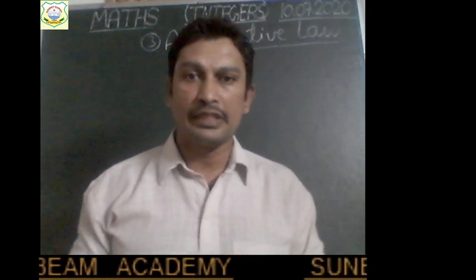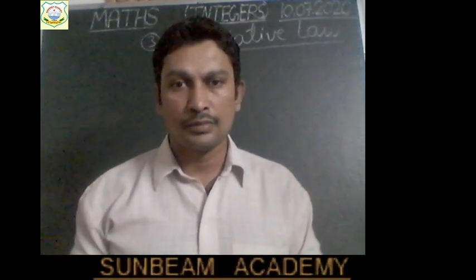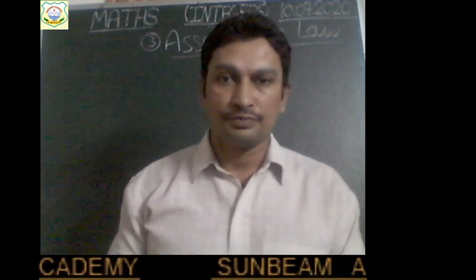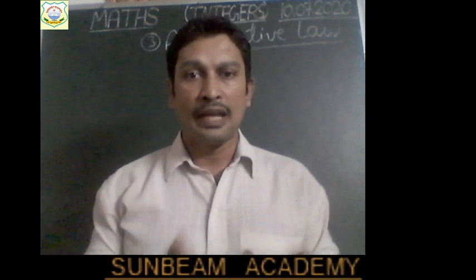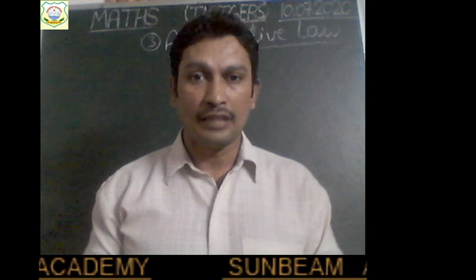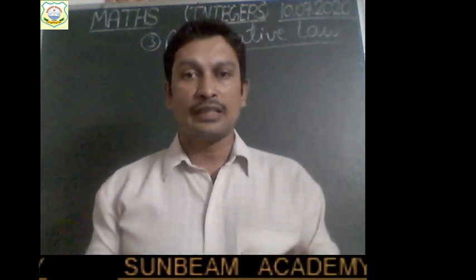What is associative law? Association means group. Associative law allows us to change the group. When we have three integers to be added, then while adding, we can choose any two integers at first to be added.